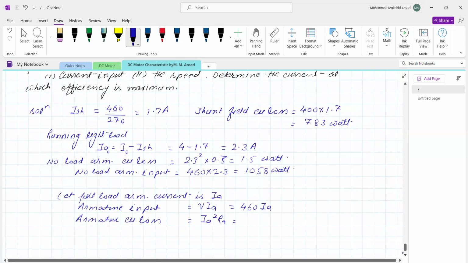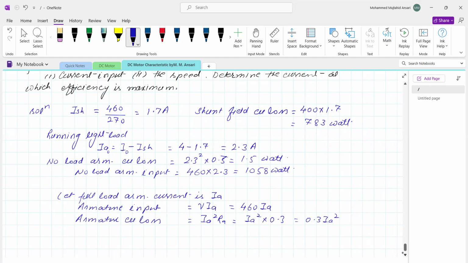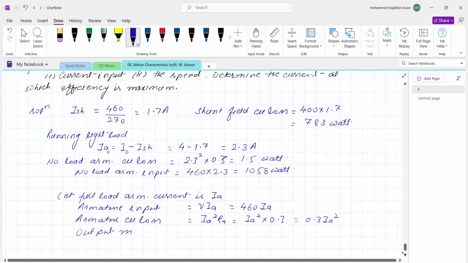So it is Ia squared into 0.3, that is 0.3 Ia squared. And the output of the motor is already given. It is 50 HP or 37.3 kilowatt, so 37,300 watt.